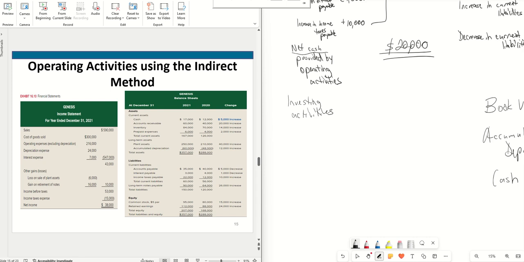Another part to the cash flow statement, or the section that I'm going to be covering here quickly, is the investing activity section. So that is this section that is displayed right after the operating activity section is prepared and displayed.